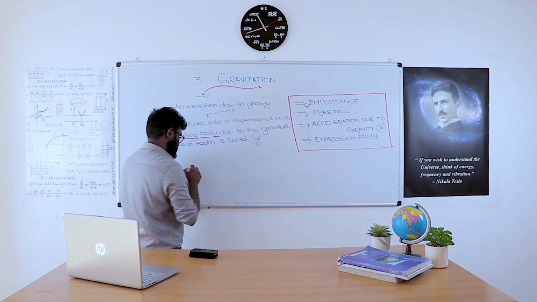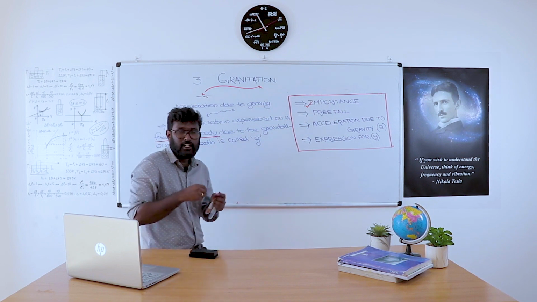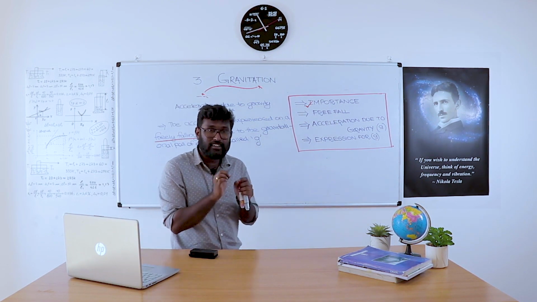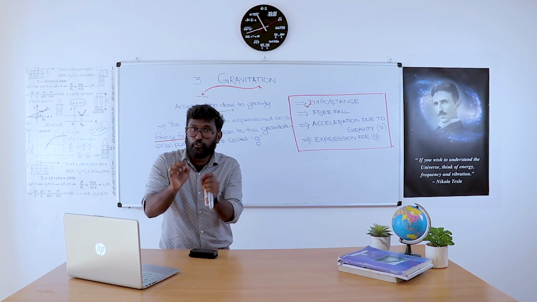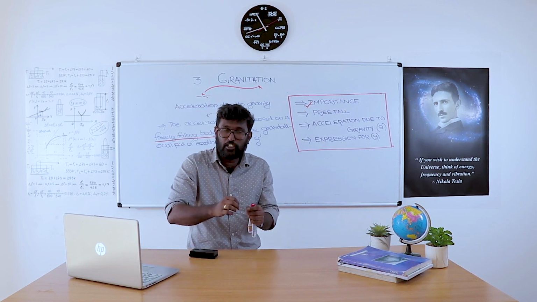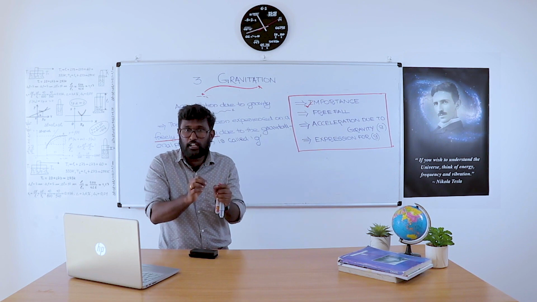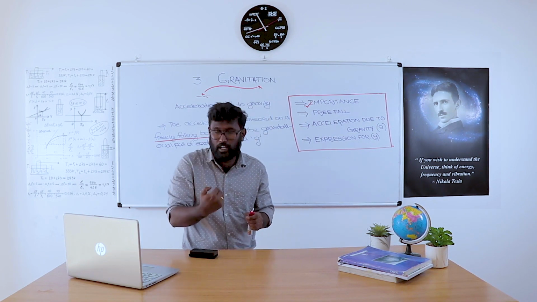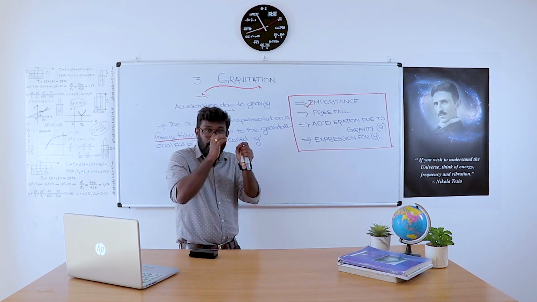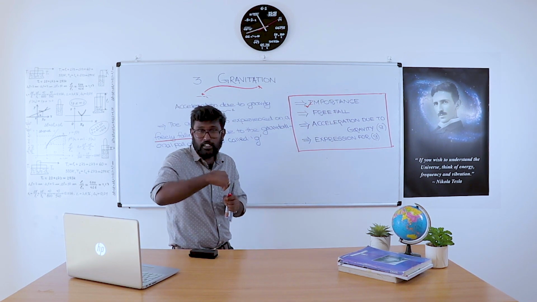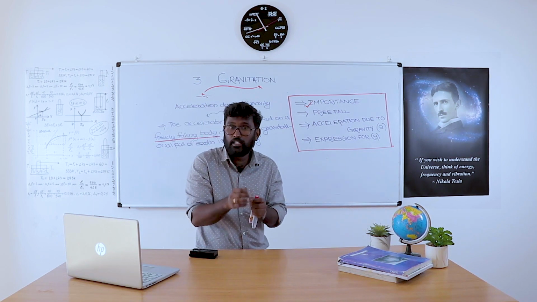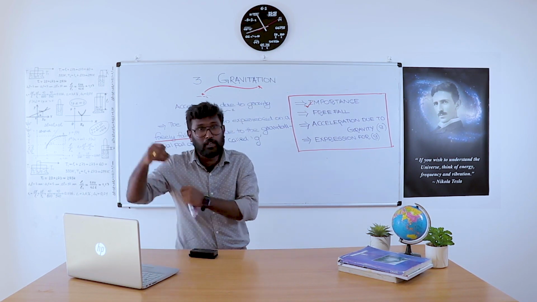The important thing is that the acceleration is experienced on what type of bodies? On a freely falling body. What is the peculiarity of a freely falling body? The initial velocity of the body is equal to 0 and that body is dropped from a particular height. If the same body is thrown from a particular height, the initial velocity is not equal to 0.